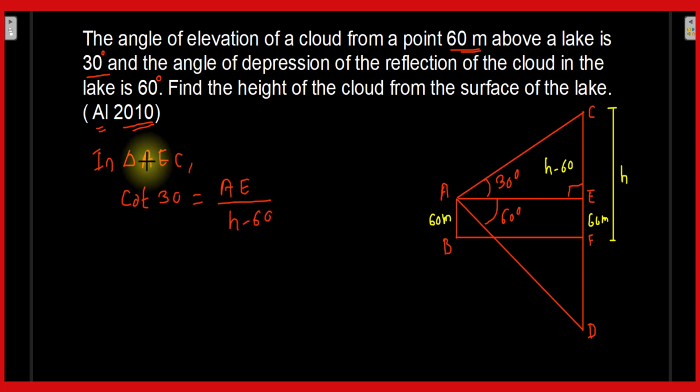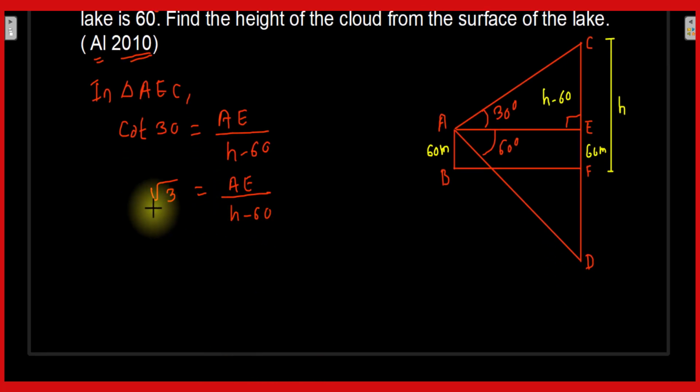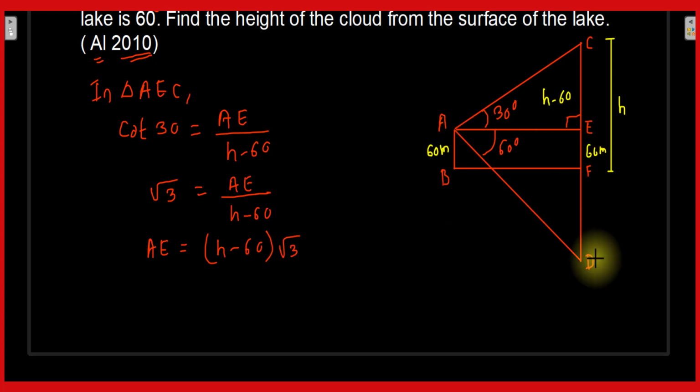Now cot 30 is root 3, so root 3 is equal to AE upon H minus 60. Multiply by H minus 60 to this side, and so AE is equal to (H minus 60) into root 3. Now we will take the triangle AED.